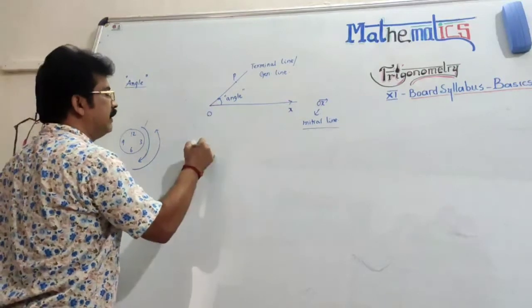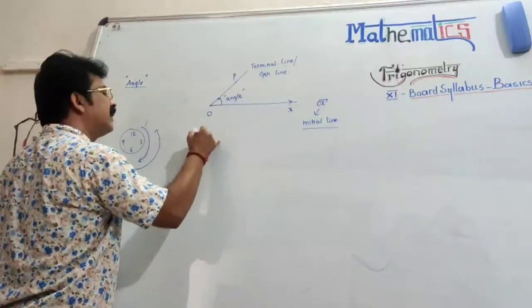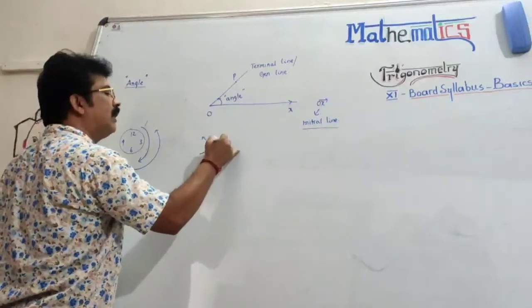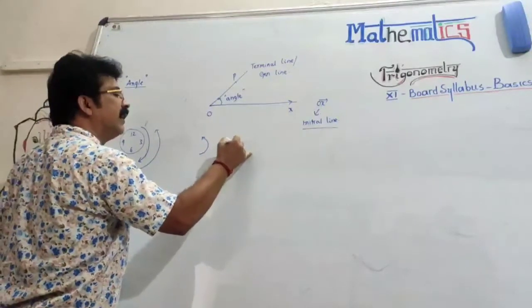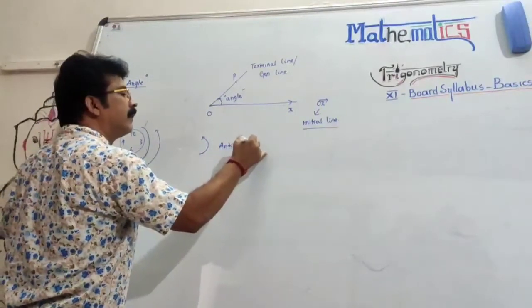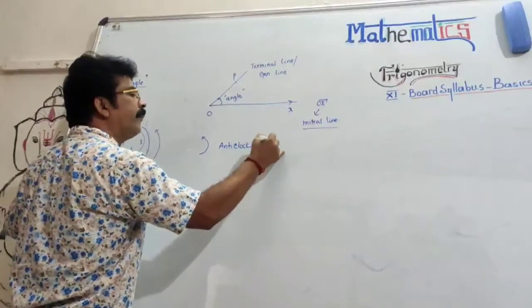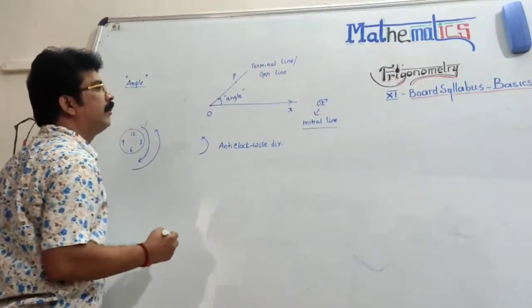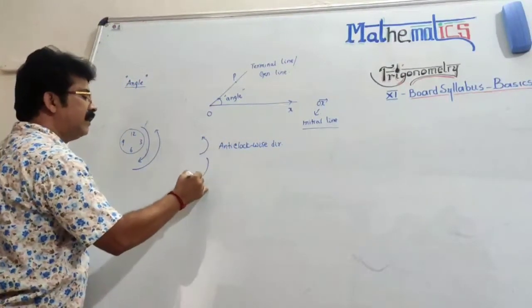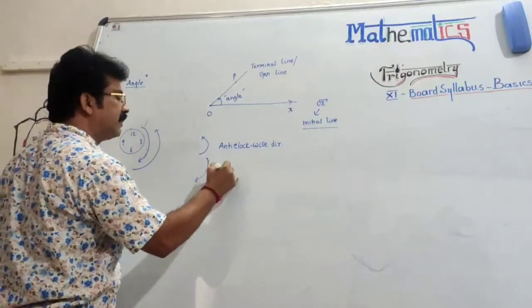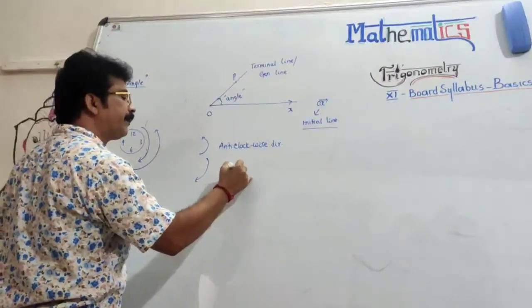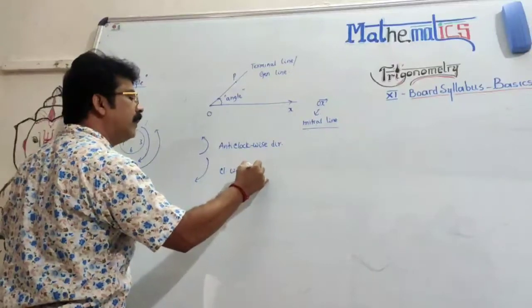So if the arrow mark is like that, it is called anti-clockwise direction. If the arrow mark is like that, it is clockwise direction.